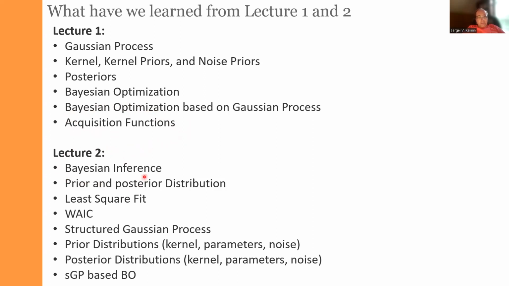So in the second lecture, we went through the concept of Bayesian inference, which is in some sense a physicist's approach to probabilistic problems. We went through the concept of prior and posterior distributions, and we compared Bayesian inference with the least square fit and introduced the WAIC as the way to choose the right model.